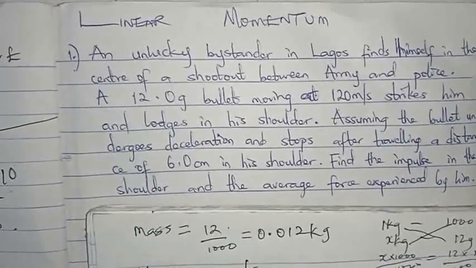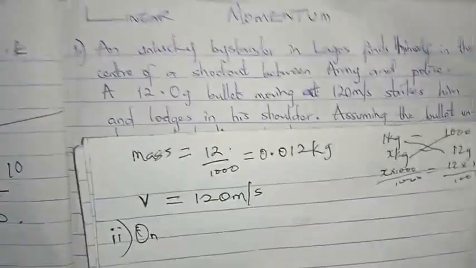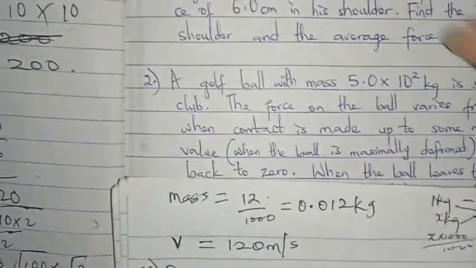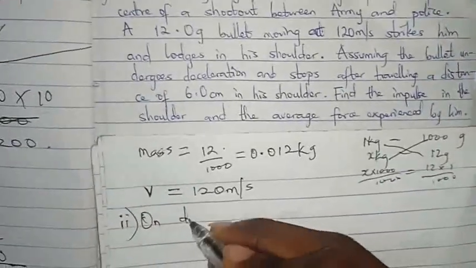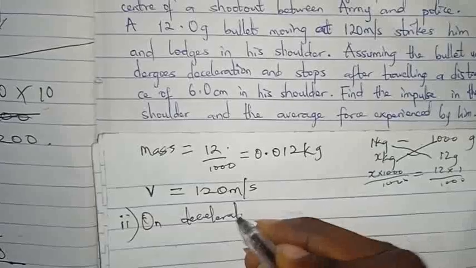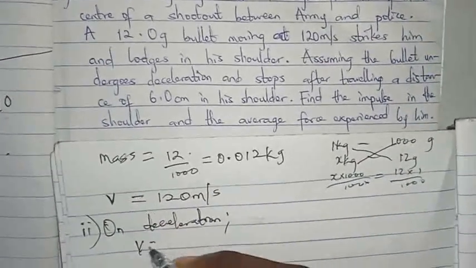So on deceleration and stops, v will be equal to 0.